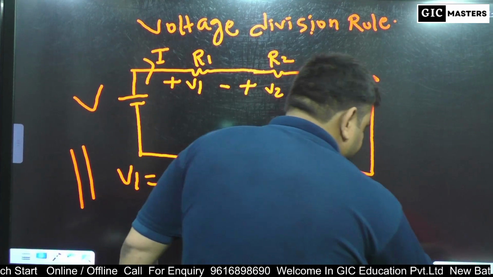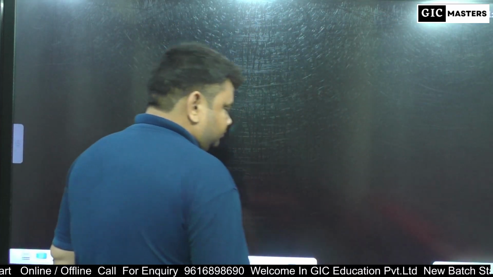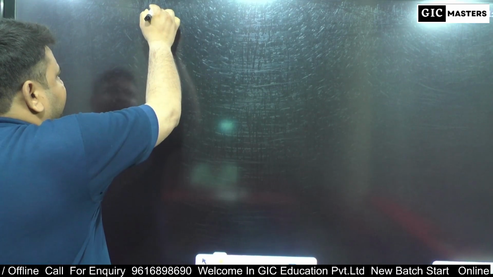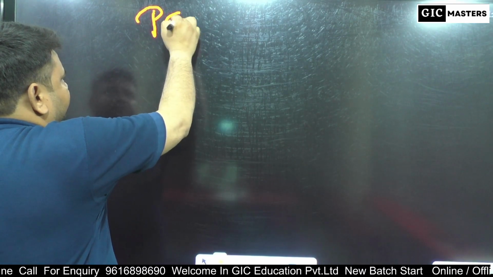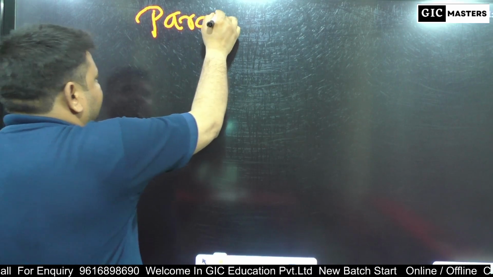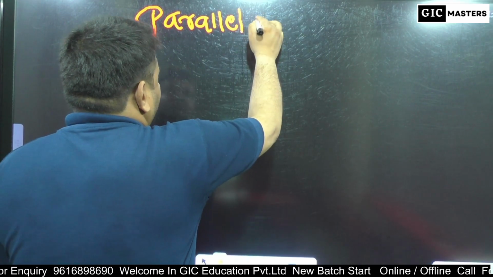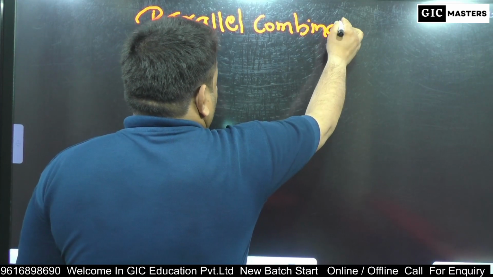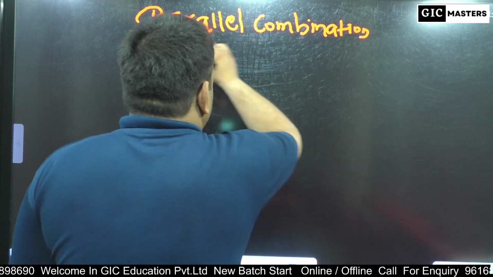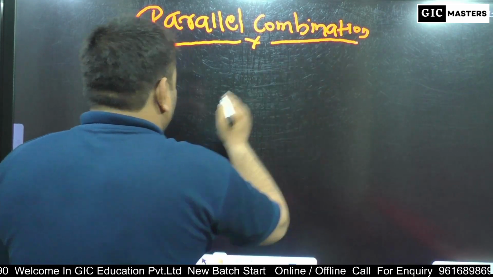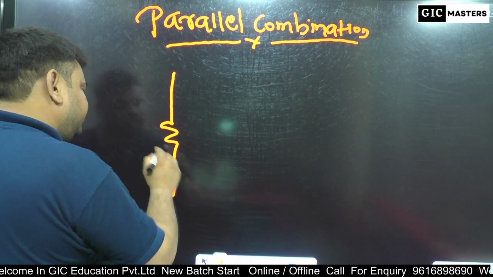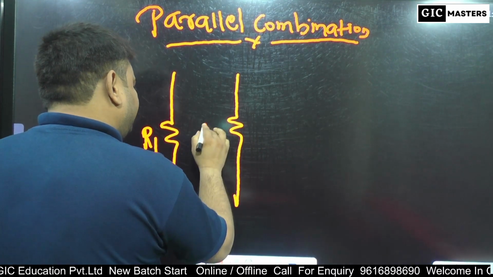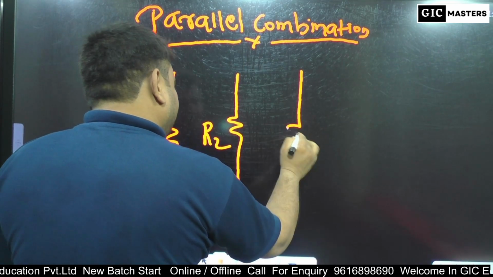Second is the parallel combination. Suppose there are three resistors R1, R2 and R3.